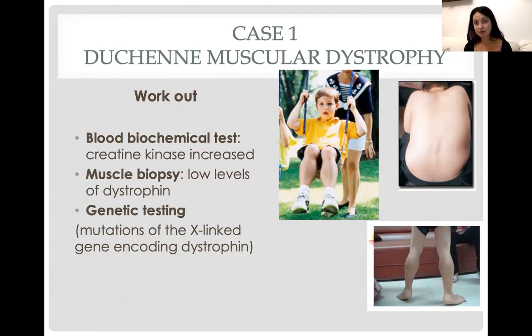Then you finish your evaluation with genetic testing to find the mutation in the X-linked gene encoding this protein, dystrophin. Once everything is done, you diagnose Duchenne muscular dystrophy. Mostly neurologists are responsible for treatment of such babies.